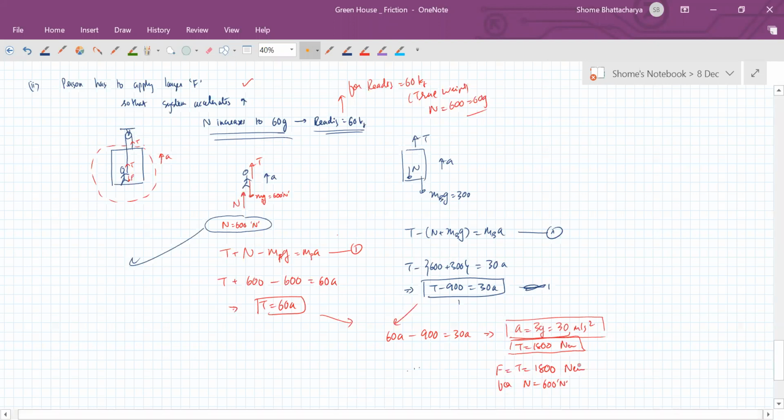So it's not 3, it's 3G or 30 meters per second square. Yeah. Anyhow, so hope this question is clear.